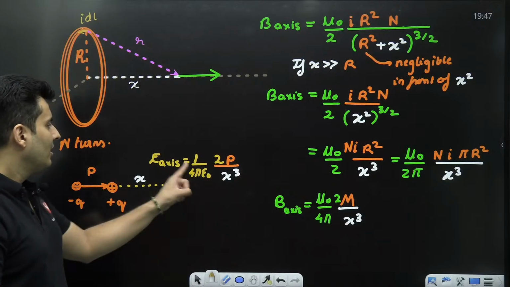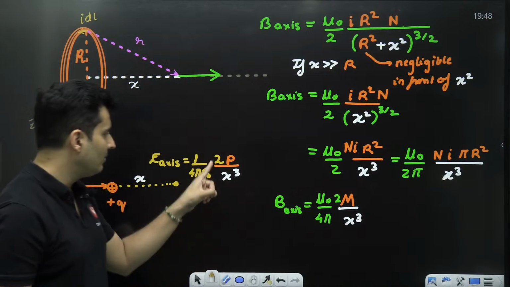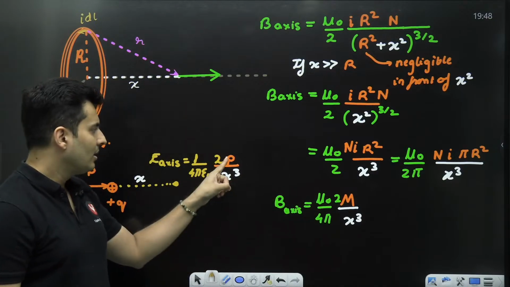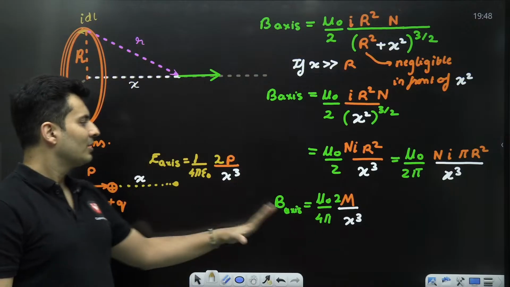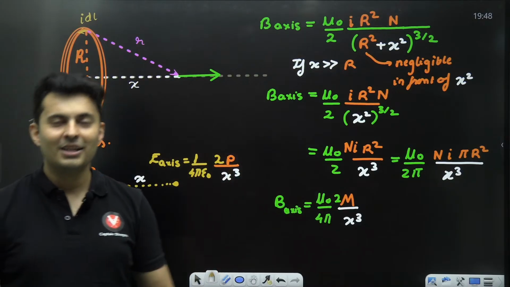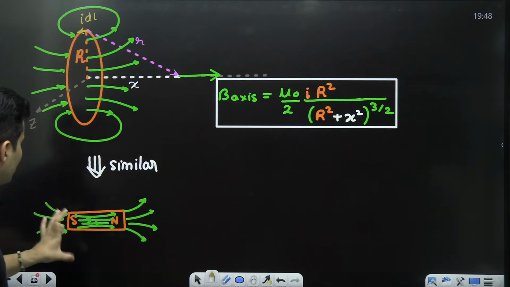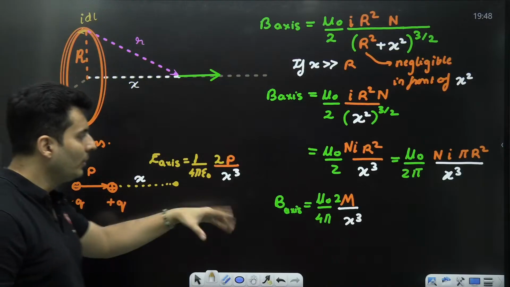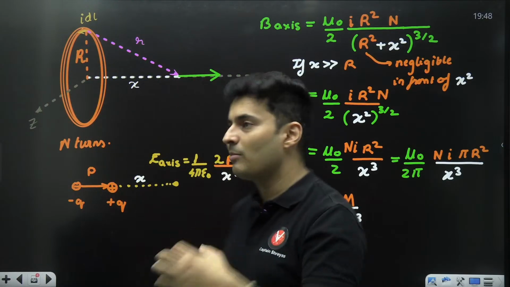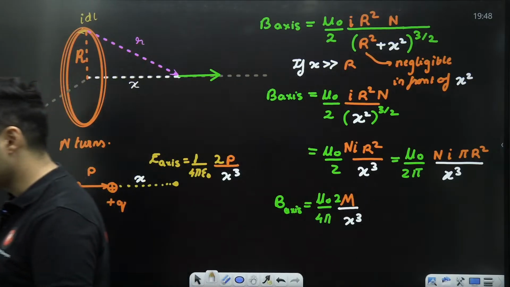Exactly similar. Here you have the constant in electrostatics, here this is the constant in magnetism. 2 is there here, 2 is there here. Electric dipole moment, magnetic dipole moment, x cube, x cube. So the formulas look very similar. So this proves that a current carrying loop is actually like a magnetic dipole with polarities of north and south. The formulas are very, very similar.